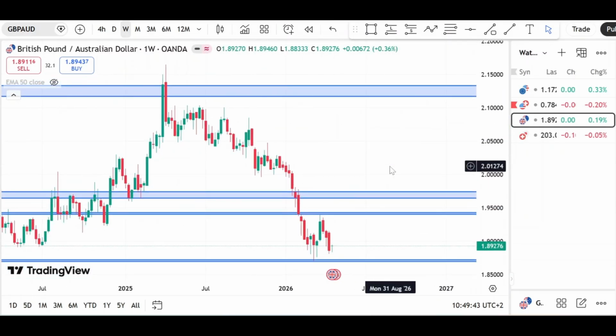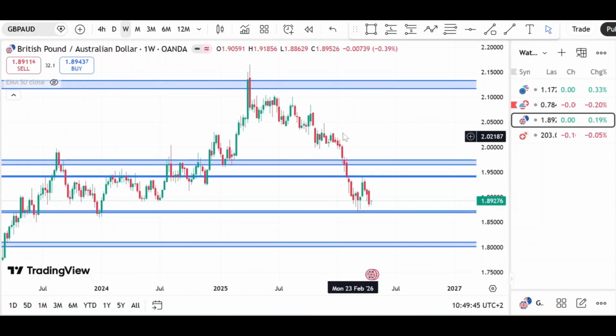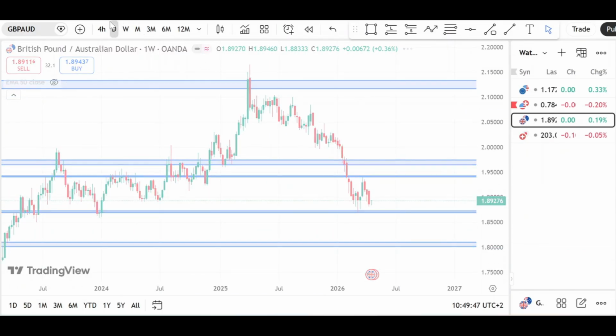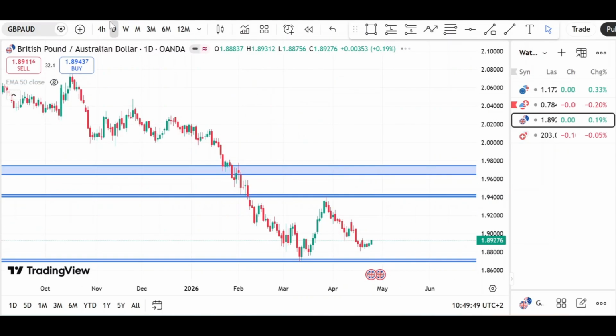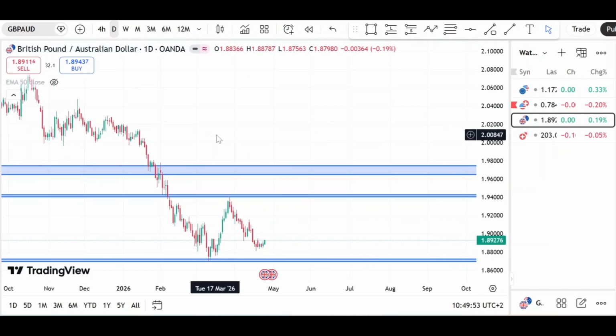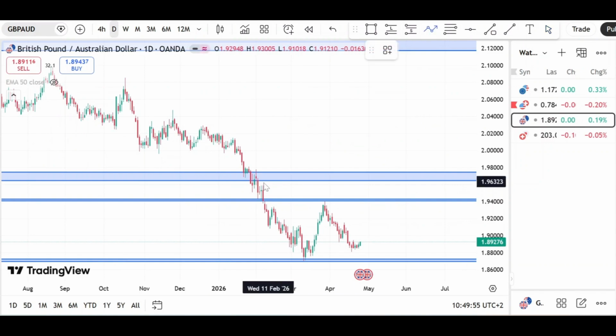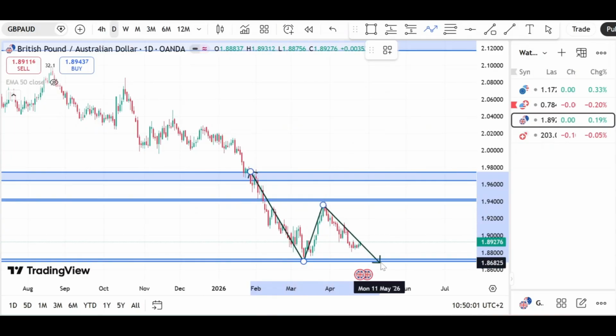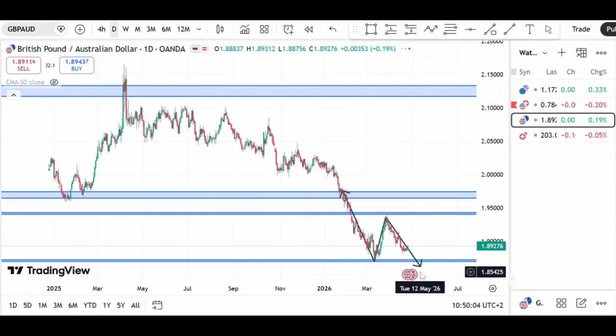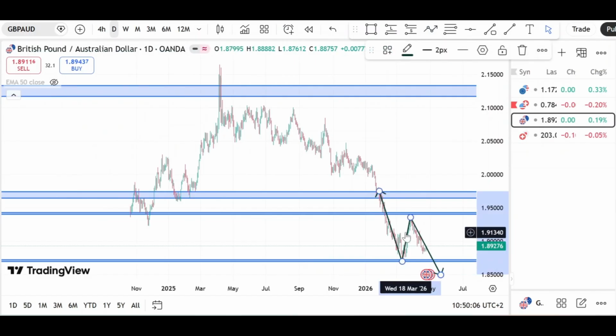So how are we going to capitalize on this move? We go to a daily time frame. Still we are in a downward trend because we are seeing a break of structure to create a lower low, and a lower high here. We expect the continuation in a downward trend.